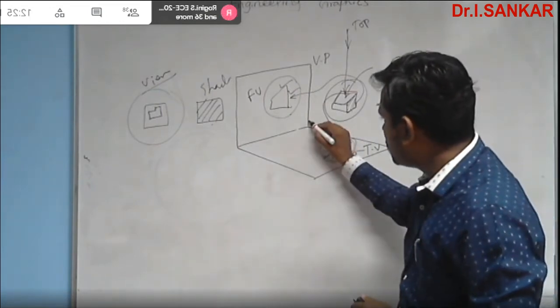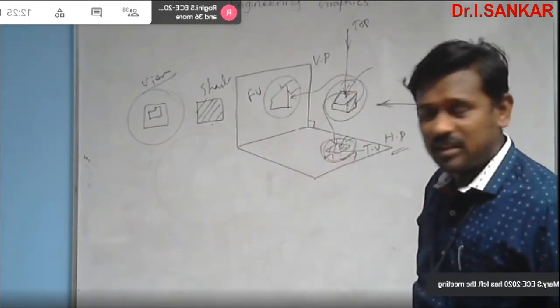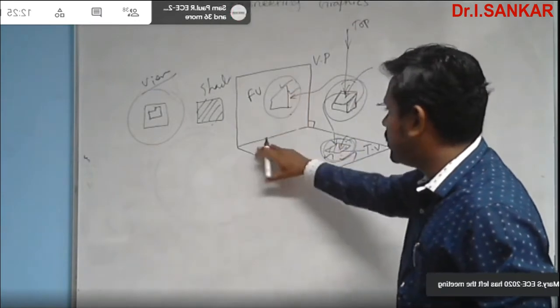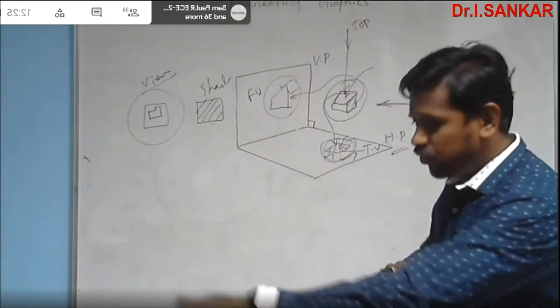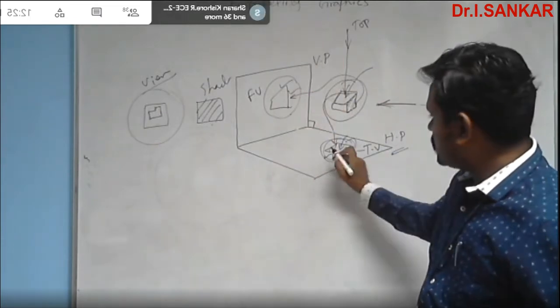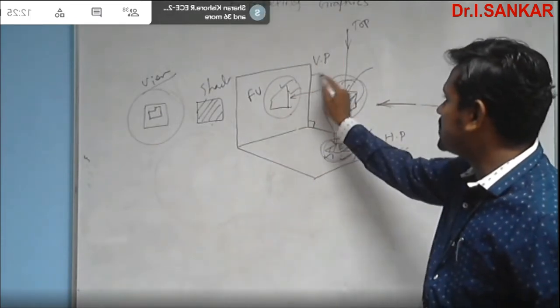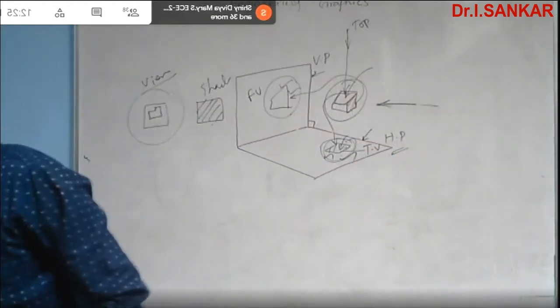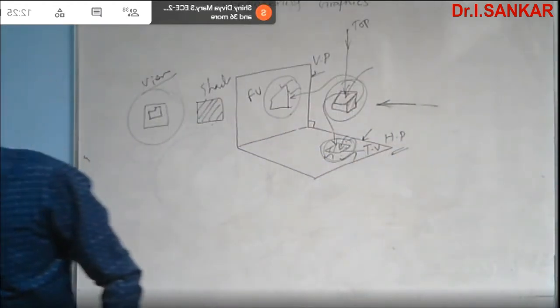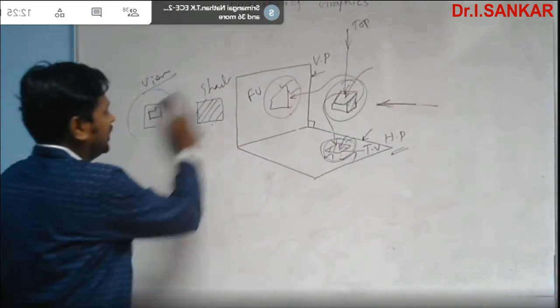These two planes are mutually perpendicular to each other, just like the wall and floor in your room. So this is considered as your floor and that is considered as your wall. And we can have the front side and the back side of these planes also. See here.